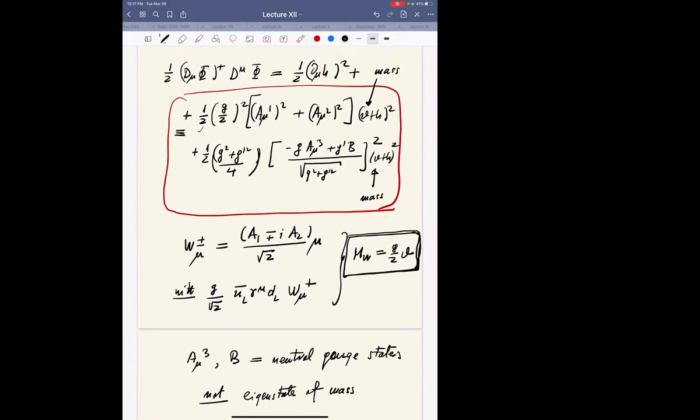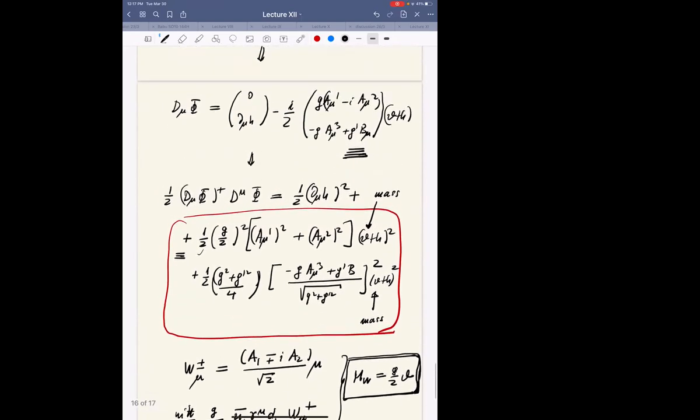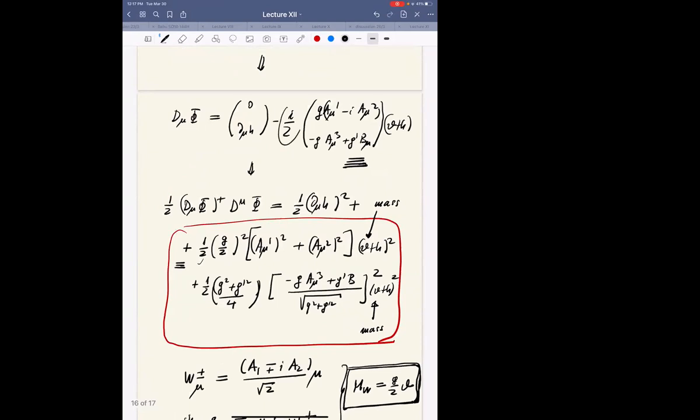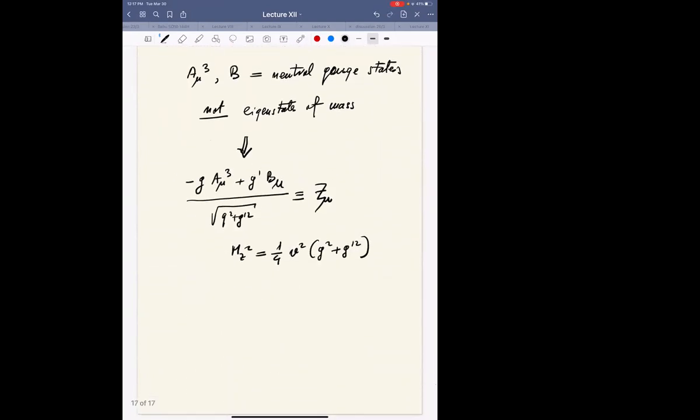Because I've divided and multiplied. There was 1/4 coming from here, the same that we had for the W mass. This guy is massive.